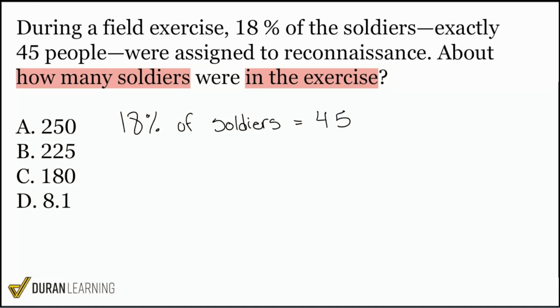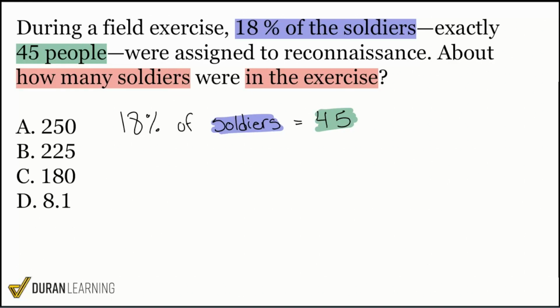How many soldiers were in the exercise? My party people, is it clear to you that when we read the sentences, 18% of some number that we don't know is 45 right over here? 45 people, that's the result. 45 is 18% of the number of soldiers.